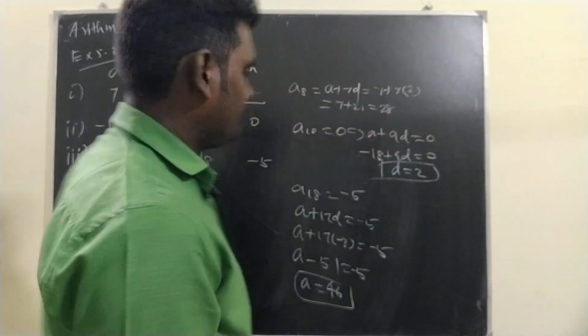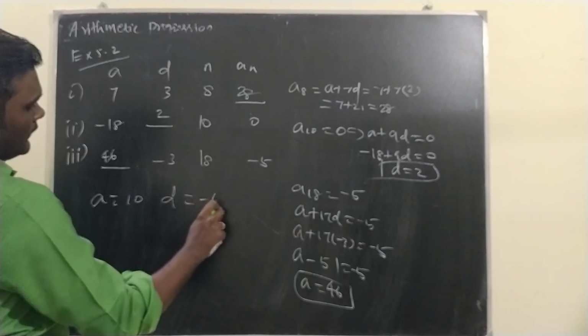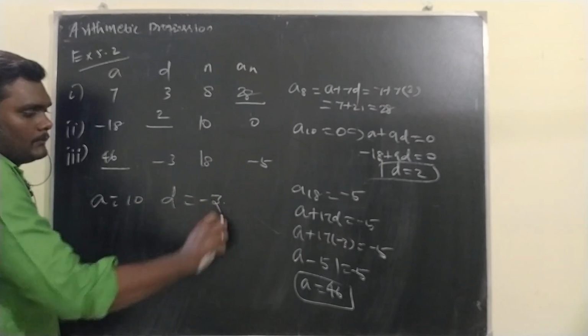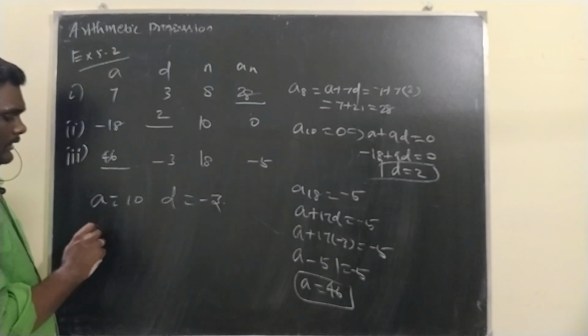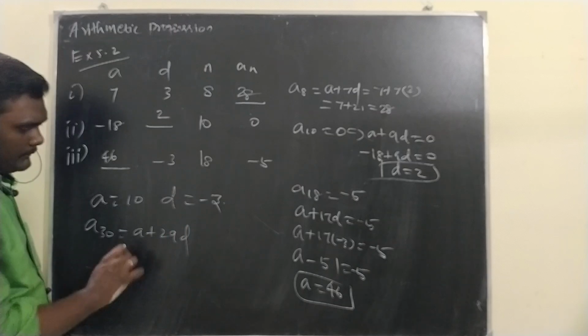What is A? A is 10. D is minus 3. Then A30 we have to find. A plus 29D.